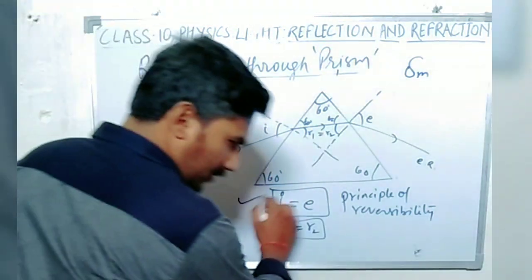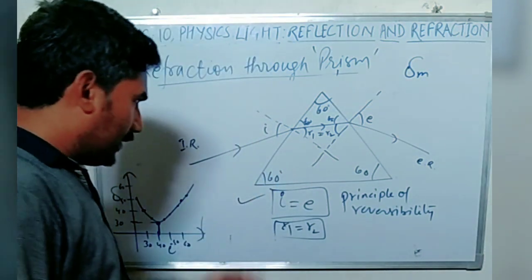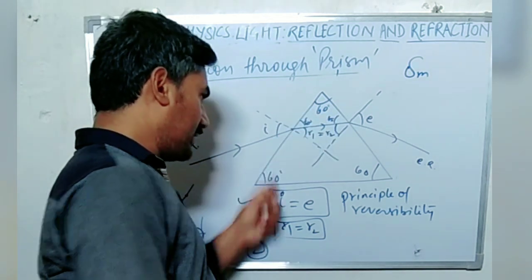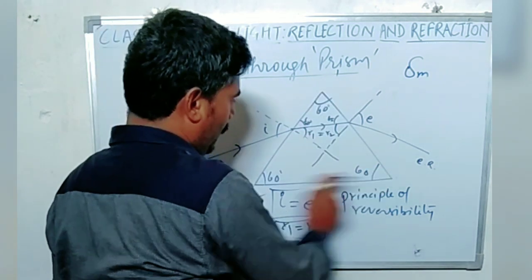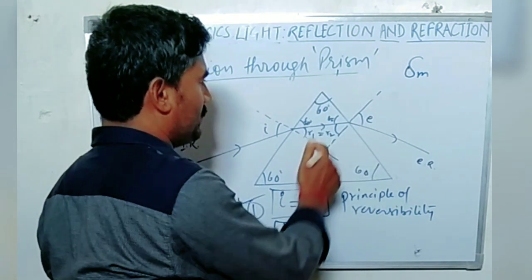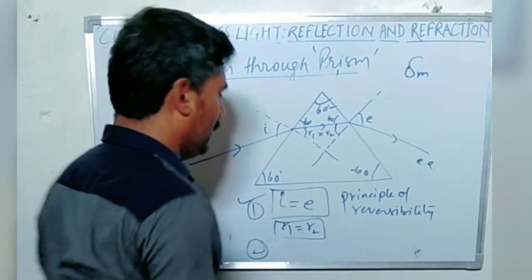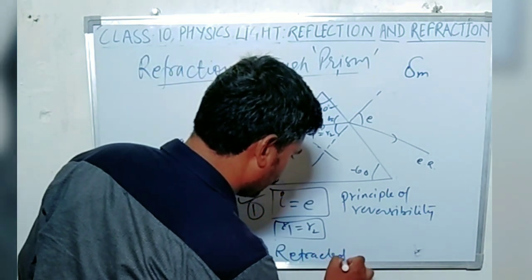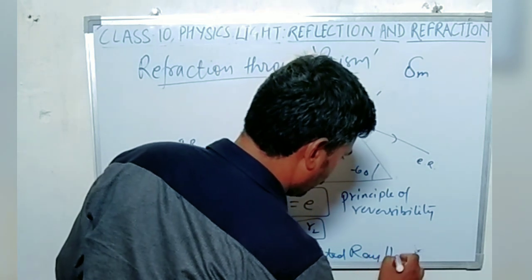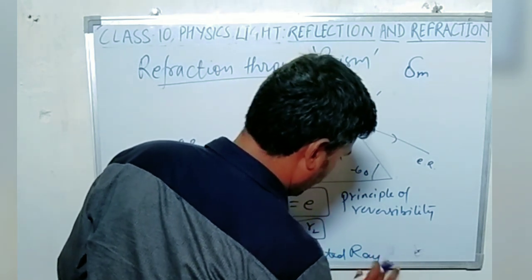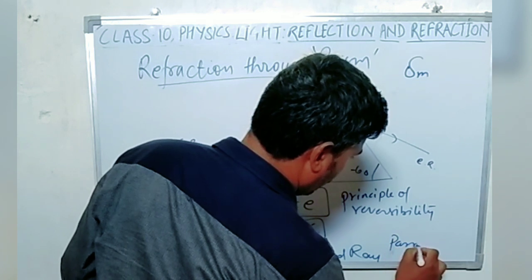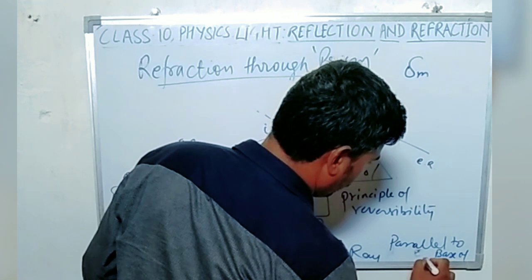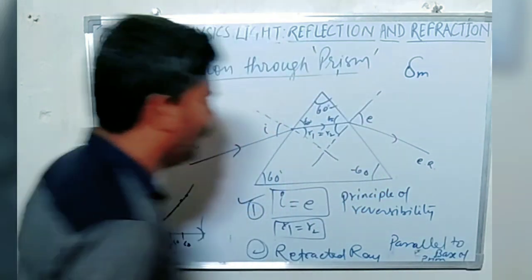Now, this is the condition, and the second condition we can say is, by this concept of the regular prism and equating the angles, the refracted ray must be parallel to the base of the prism. Why the base of the prism?